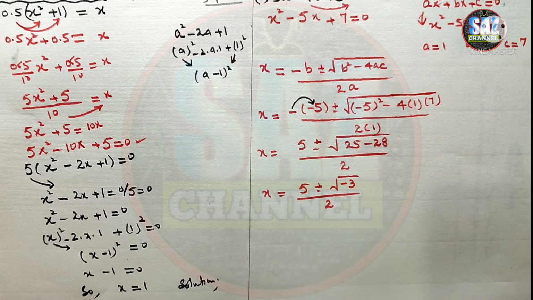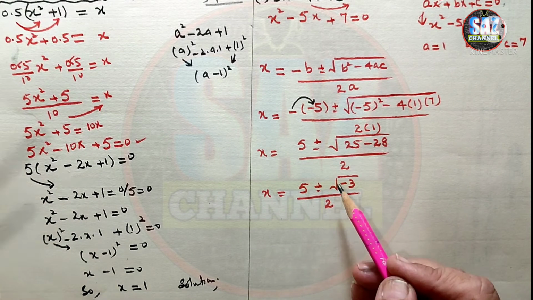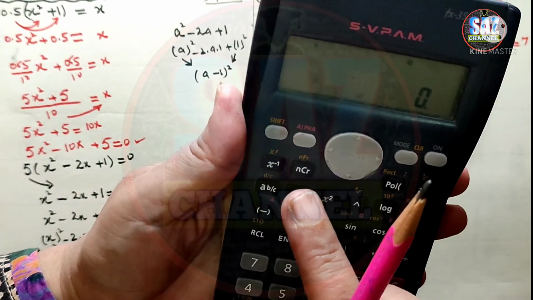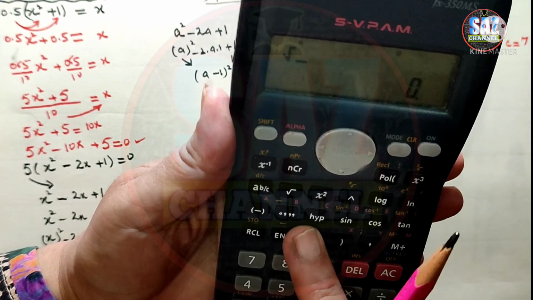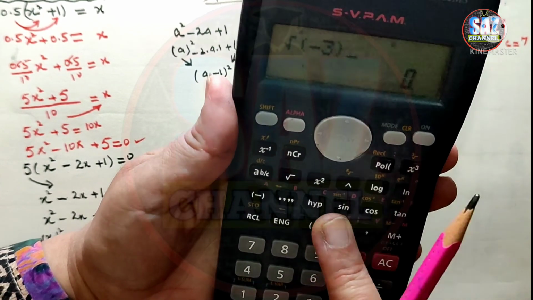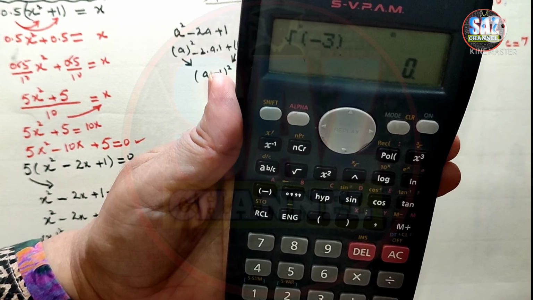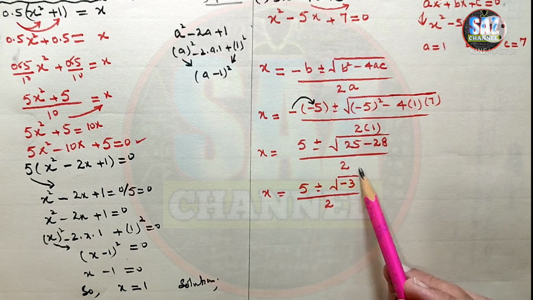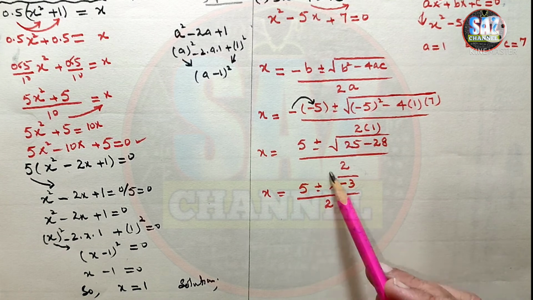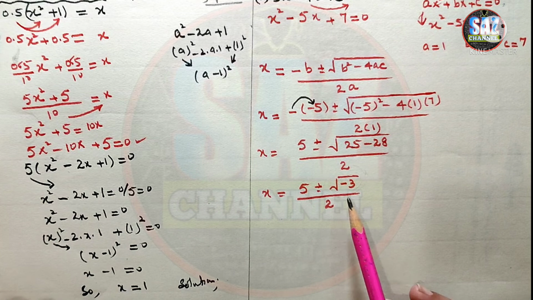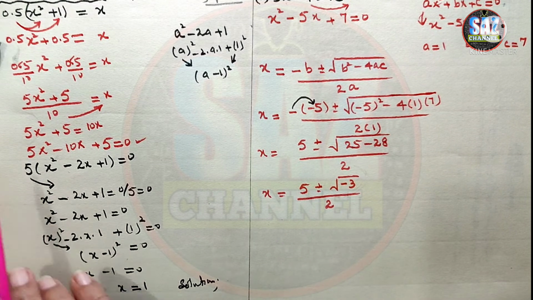Now look carefully that here the square root contains a negative sign. When I try to take the square root of negative 3, you can see there will be a math error coming. Whenever your radical, your square root, contains a negative sign, then these are complex solution situations, with no real roots.